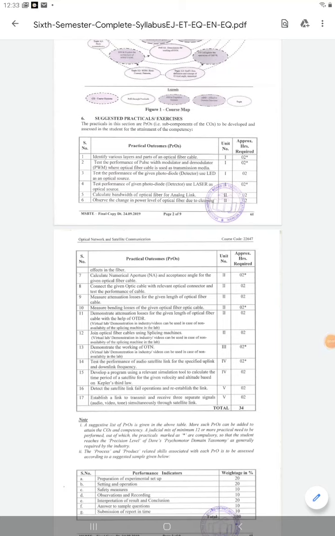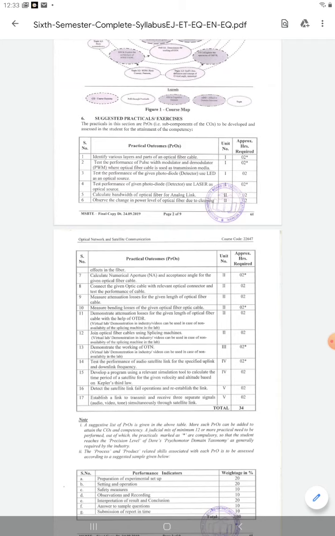Dear students, in our previous lecture, we discussed the theoretical part and the number of units that we are going to learn in the subject optical fiber communication and satellite communication, that is ONS, optical networking and satellite communication.